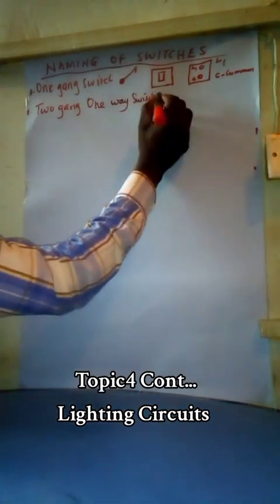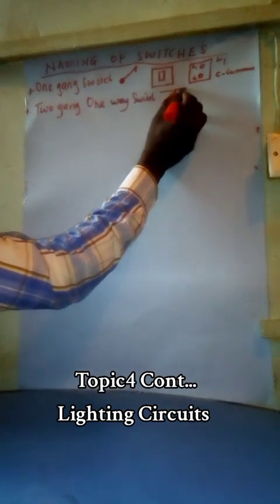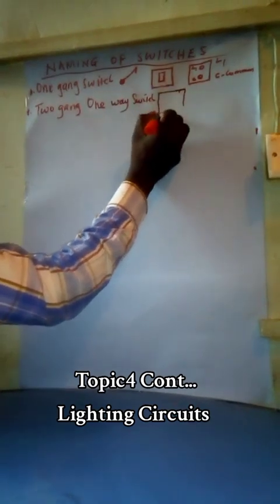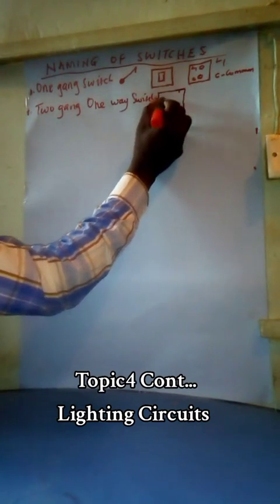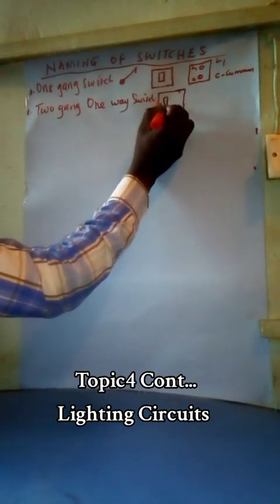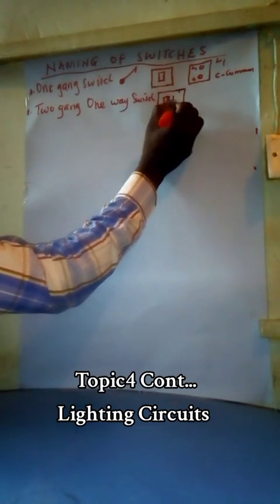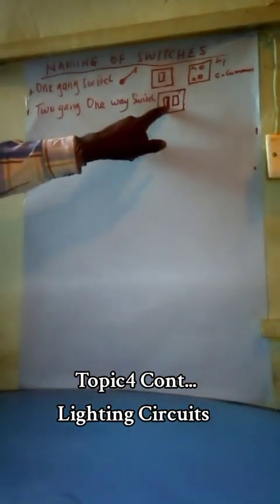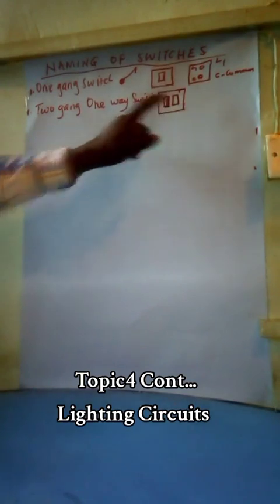In this case, because it is two, the rocker is now two gang, one way switch. So it's the rocker that gives us the name.